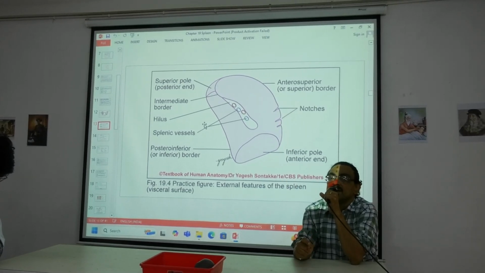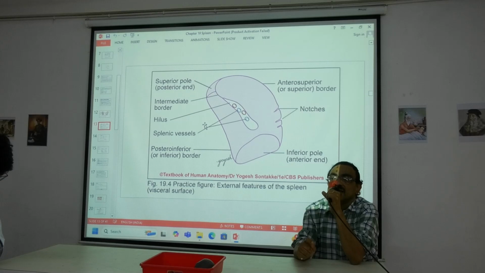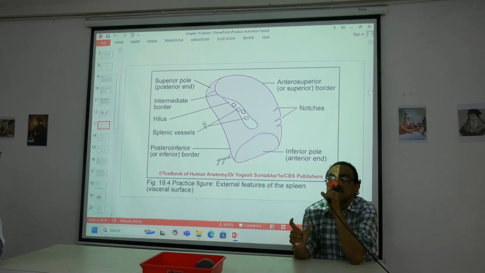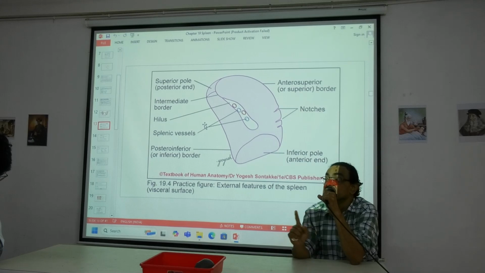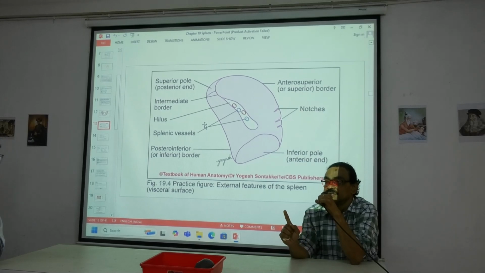So ultimately, at the end of the lifespan, near about 120 days in case of RBC.